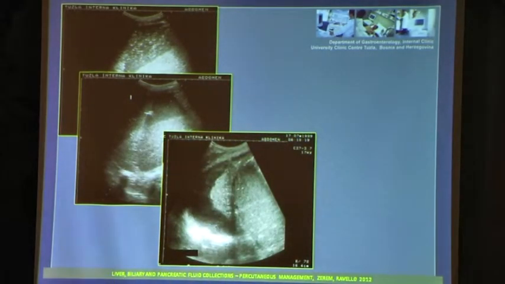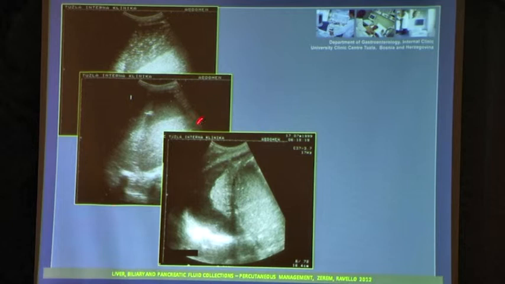Abscess collections in the right upper quadrant of the abdomen are very often accompanied by pleural collection, such as pleural effusion or pleural empyema, and they are very often resistant to percutaneous management until the pleural collection is resolved.